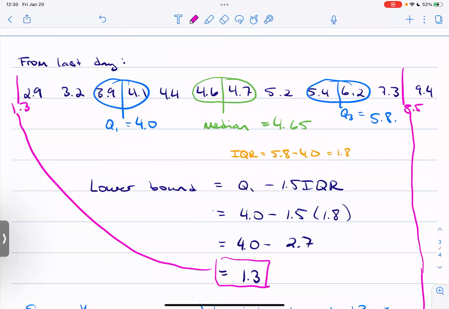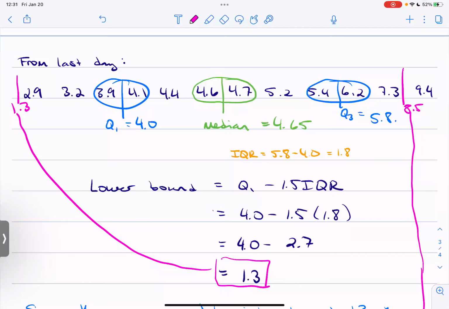So this tells me a few things about my box plot. Well, my 7.3, that's where my whisker would go to, right? Because the whisker goes to the most extreme value within the bounds. Okay, so it would go to 7.3, and then 9.4 I would indicate is an outlier using either a dot or a star, or whatever symbol you want.